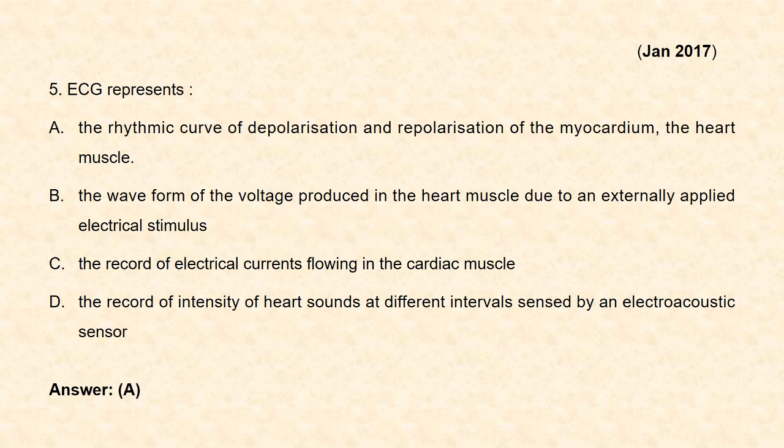Option C. The record of electrical currents flowing in the cardiac muscle. Option D. The record of intensity of heart sounds at different intervals sensed by an electroacoustic sensor. Here, as we all know, ECG represents the rhythmic curve of depolarization and repolarization of the myocardium, the heart muscle. So option A is correct.